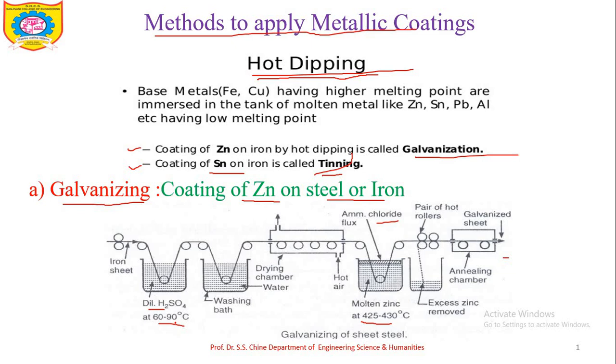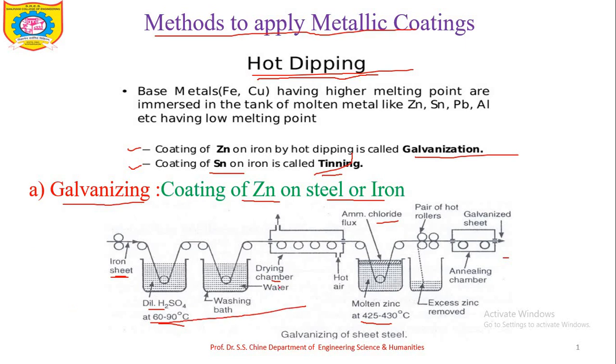Then it is passed to the washing bath. So we are going to coat this iron sheet with zinc. First the iron sheet is cleaned with dilute H2SO4, then passed through water and then through the drying chamber. Up to this step, the process is known as pickling.